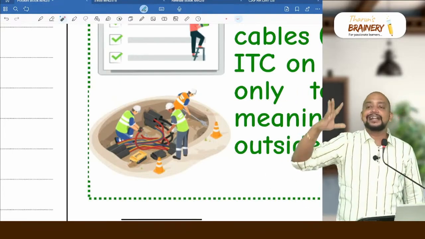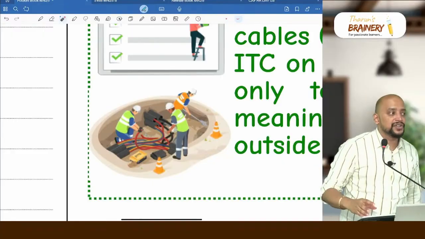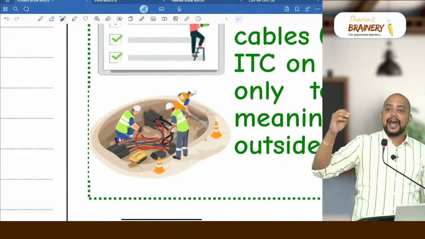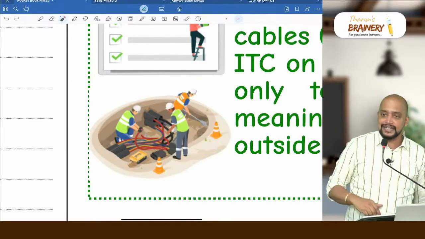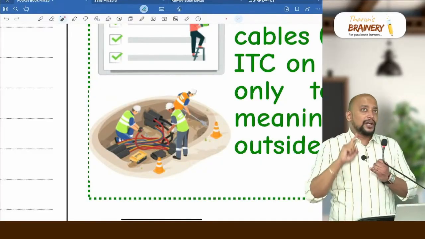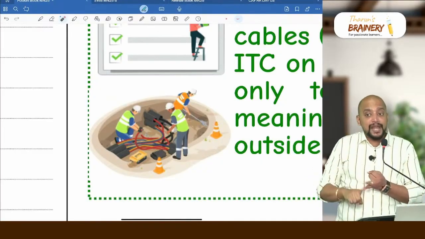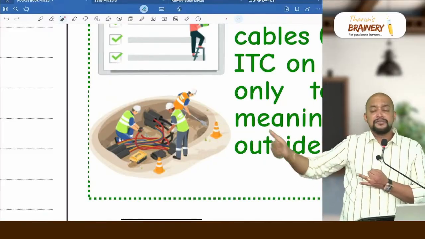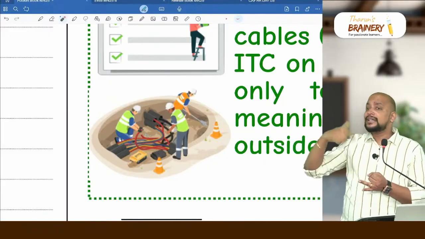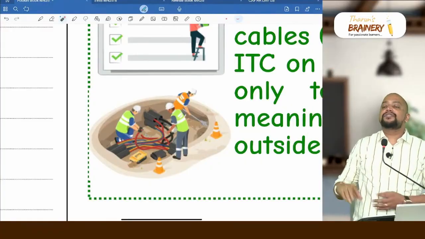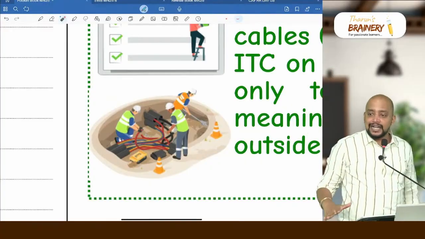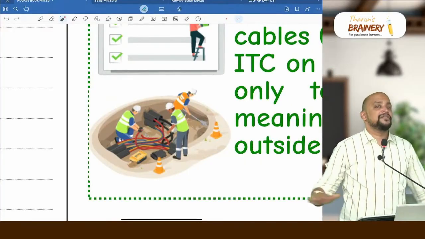So can they take ITC with respect to this construction expenditure for ducts, pipelines or manholes, etc.? Yes, they can take ITC, because logically, only telecommunication towers and pipelines laid outside the factory gate are excluded. First of all, it is not a telecommunication tower, and it is not a pipeline laid outside the factory gate, that is only for a manufacturer. For a telecom operator, definitely they can take ITC. We don't have any restriction.